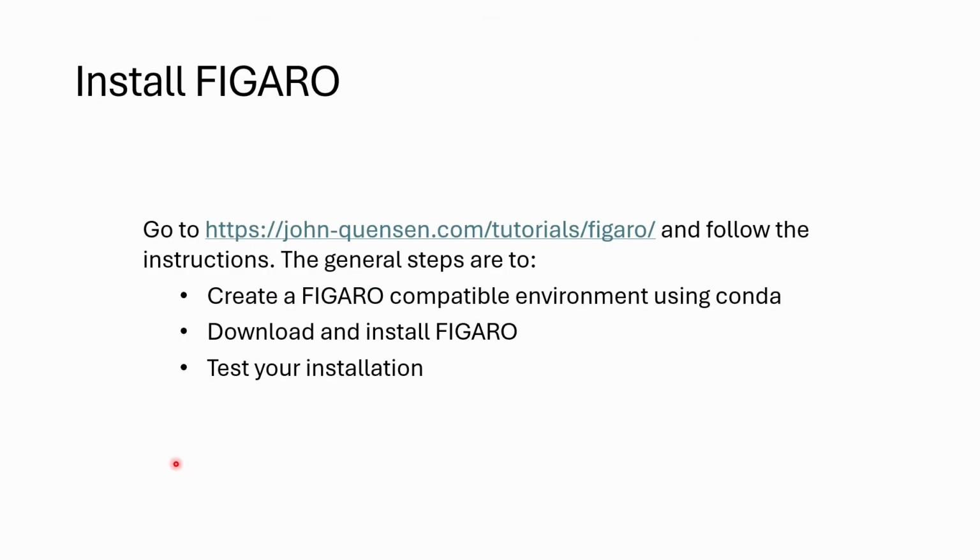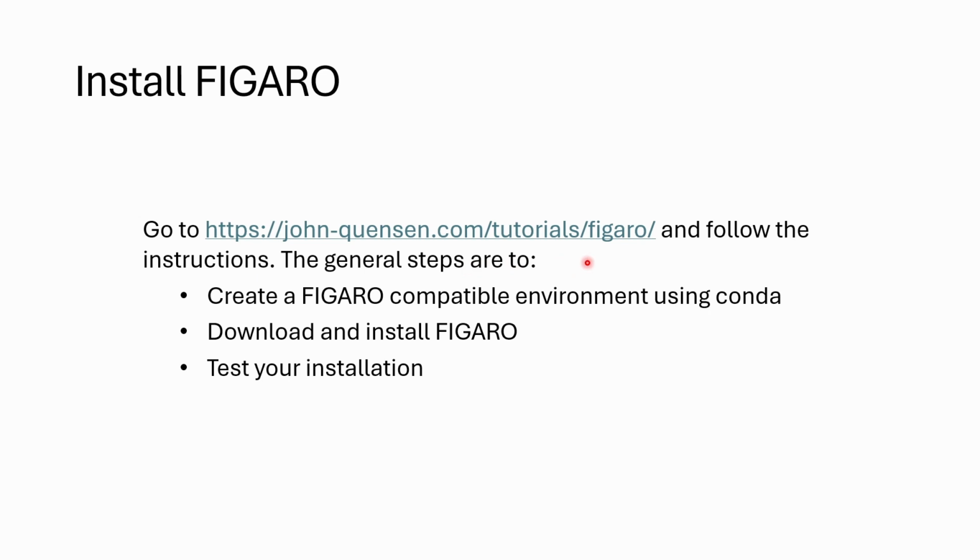Next, I want you to install Figaro. Figaro is a program that takes the guesswork out of determining truncation parameters to use with the DADA2 plugin we will use in Qiime2. I have recently updated the instructions for installing Figaro on my website.